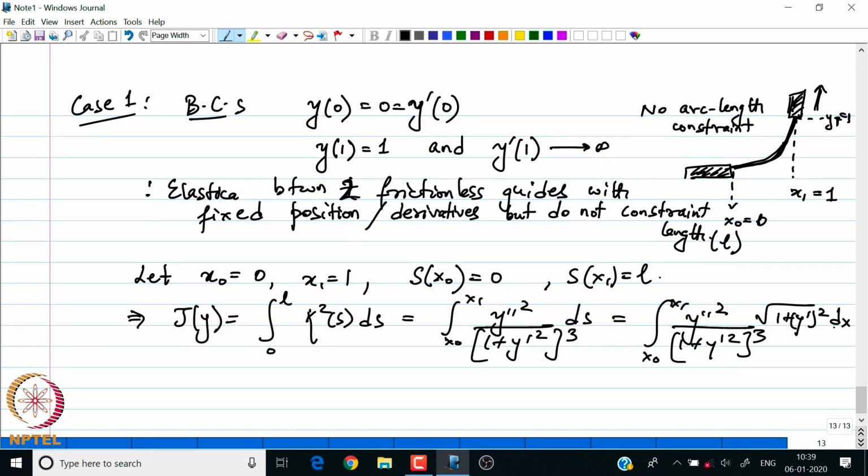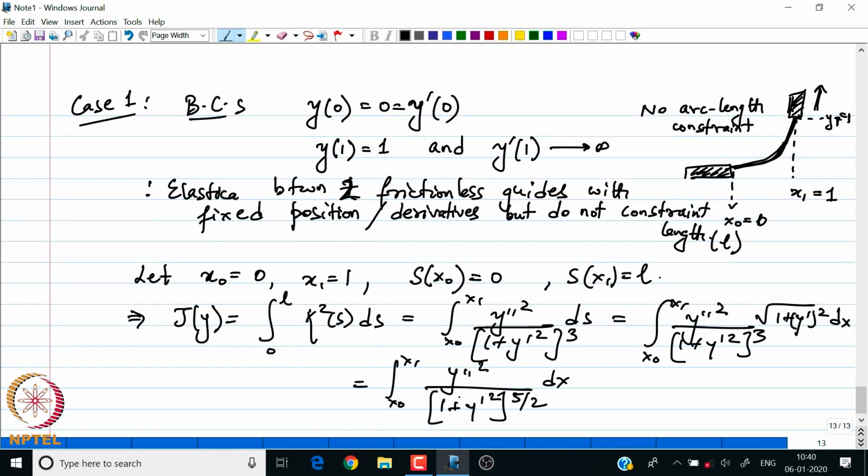Or what we have is the integral from x 0 to x 1 of y double prime squared divided by (1 plus y prime squared) to the power 3 minus half, which is 5 by 2, dx. So, we have to extremize this functional.